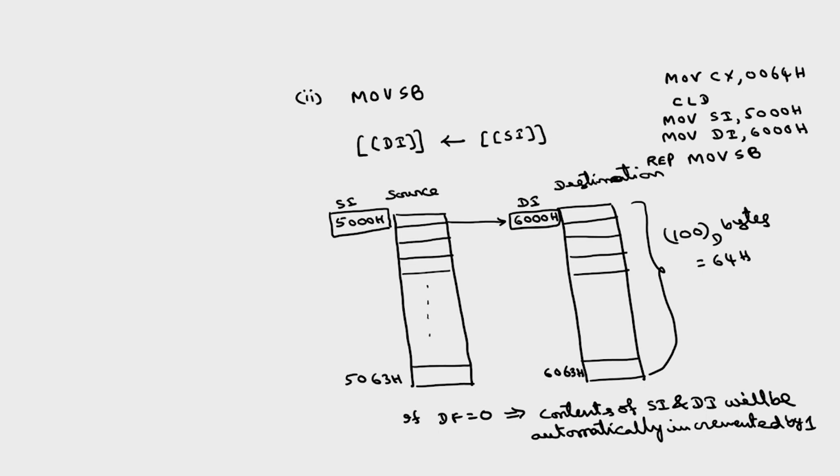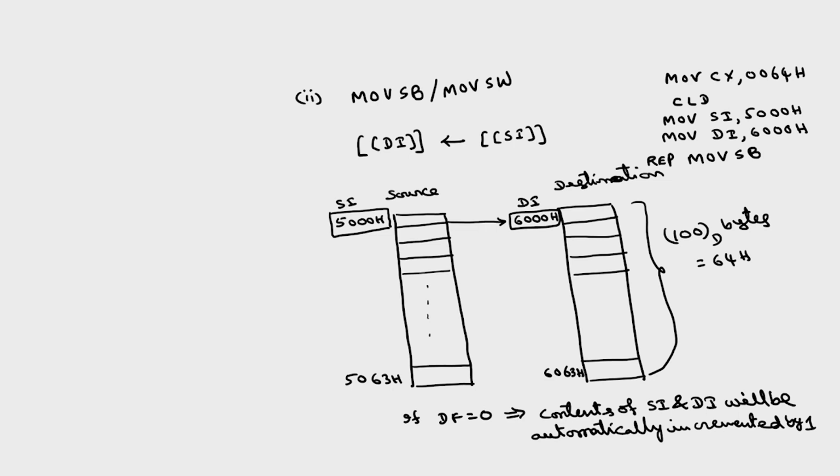Similarly, we have move string word also. If I write move string word, then 64 words will be transferred, meaning a total of 200 decimal locations. A word is nothing but 2 bytes.